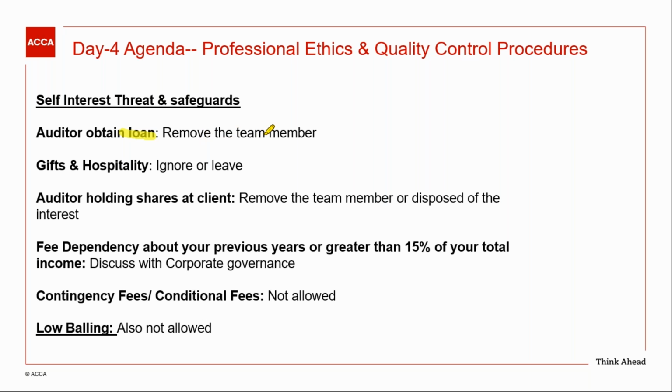So the team member should be removed from that team. The threat is this, and the safeguard is this: how to save yourself from the threat. This is a type of self-interest threat.